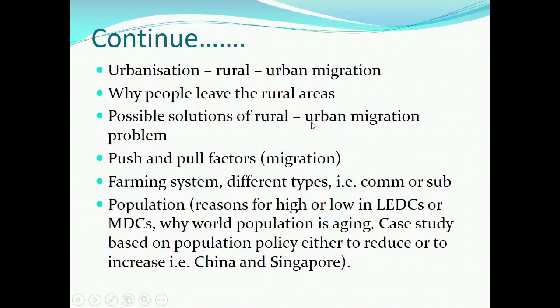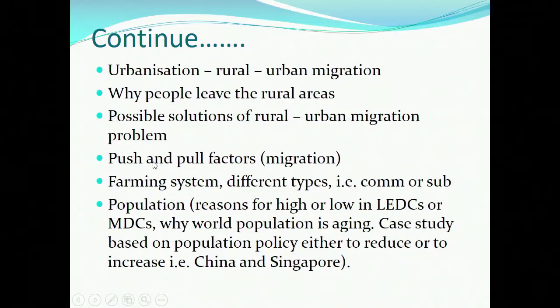What programs, for example, need to be introduced to rural areas so that we can keep the people there, and do whatever is supposed to be done at urban areas so that we can prevent them from moving and putting the services at urban areas under pressure? Make sure that you read and understand that as well.